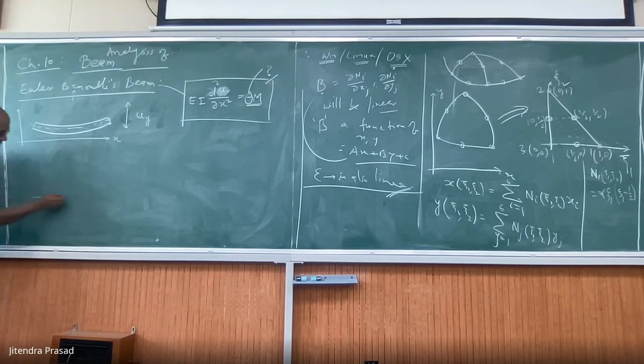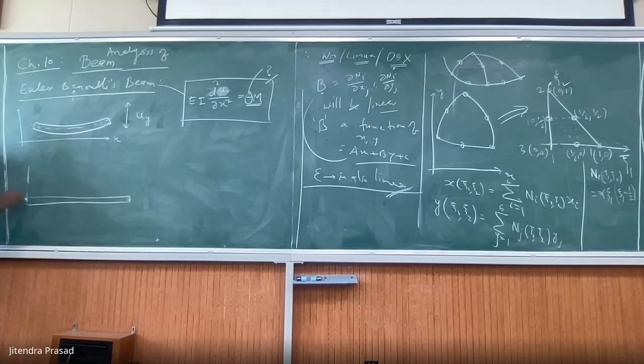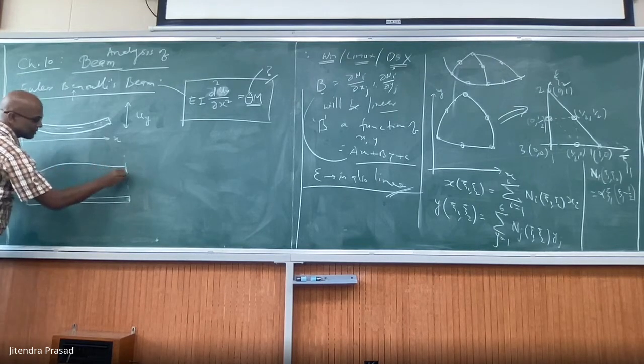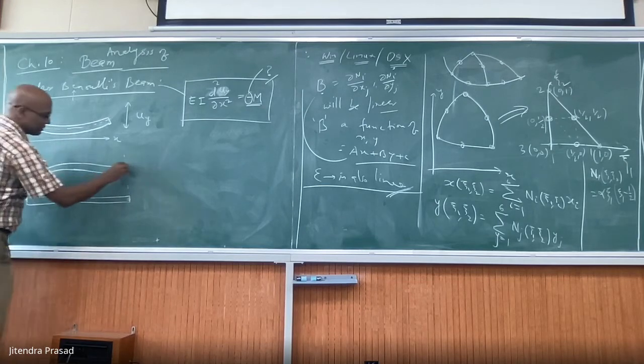Basically, if there is a beam like this, we are assuming that this point can go up and down. So that is 1 degree of freedom, and it can also have a slope. So basically the same beam can, let us say, go like this. So it will be both.